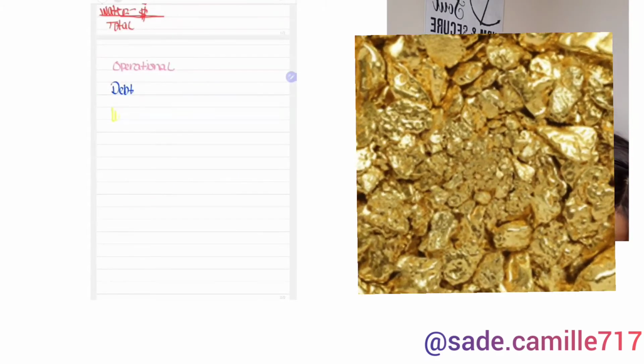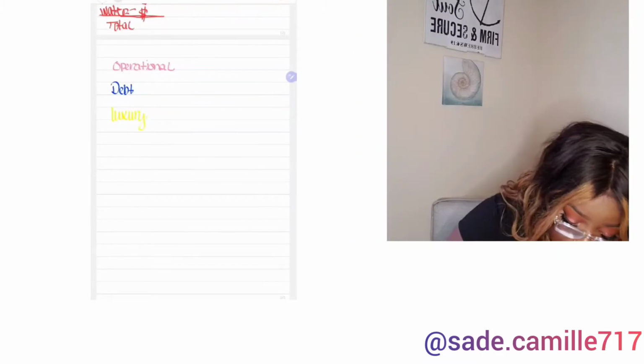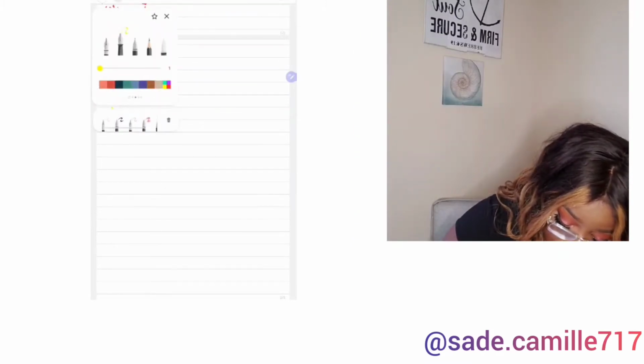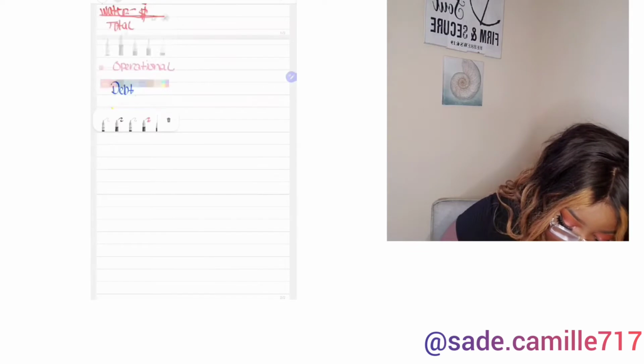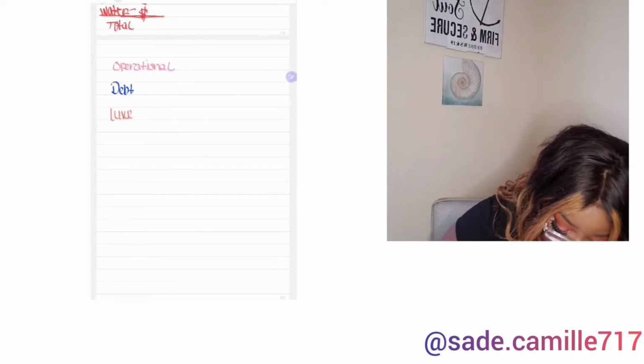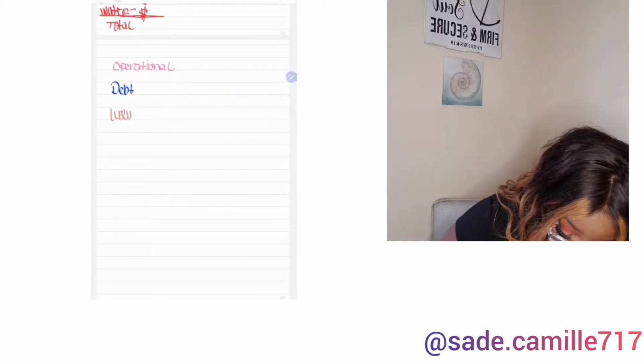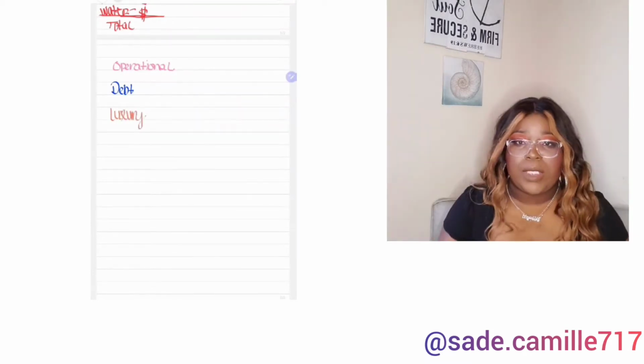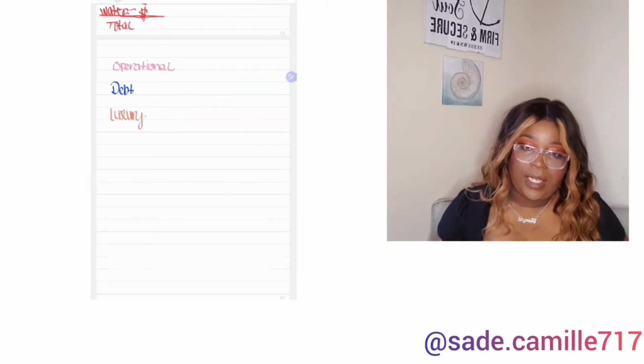And the other one is going to be luxury, which you really can't see, so let's pick a different color. Okay, so that's going to be our luxury expenses.